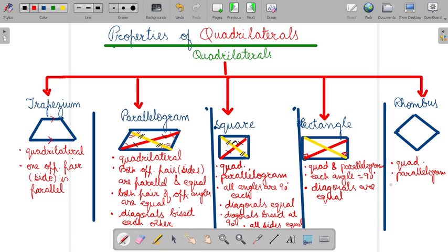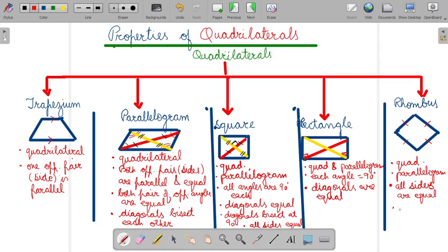Now we will talk about the next thing, that in rhombus, all sides are equal. All sides are equal.